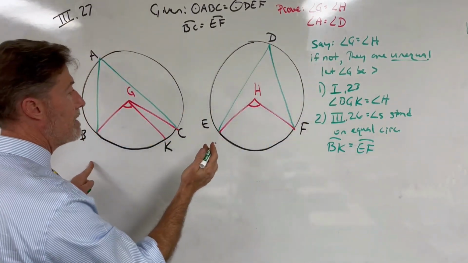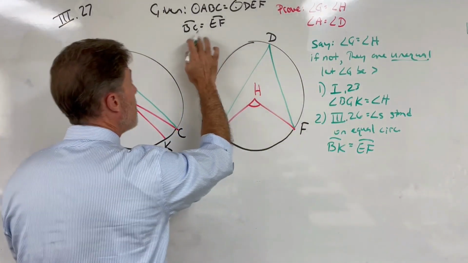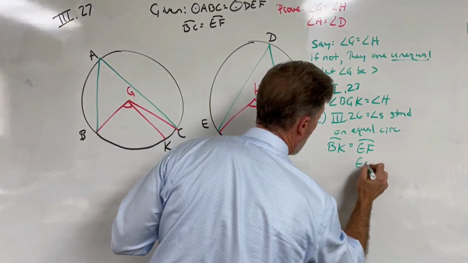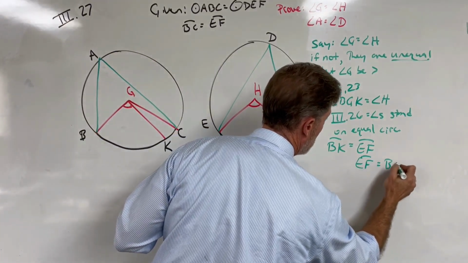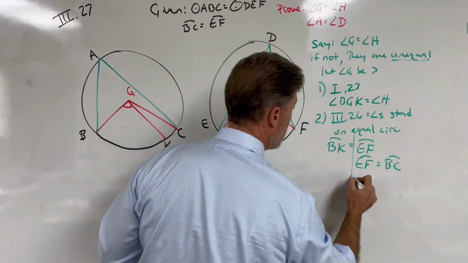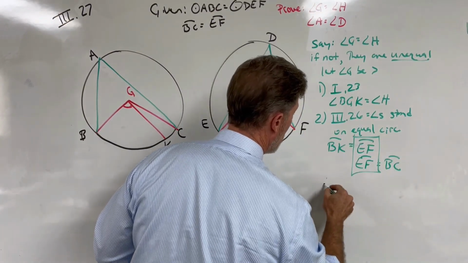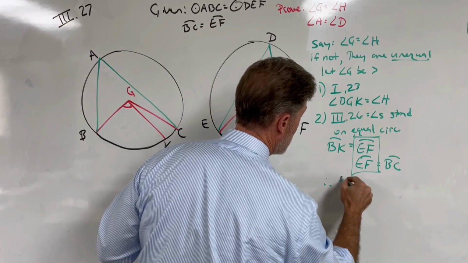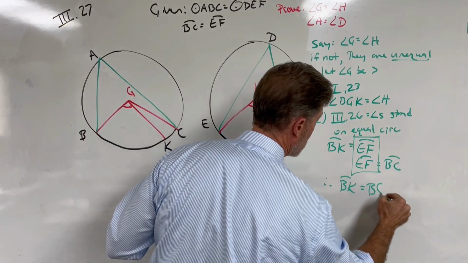Well, what's the problem with that? Well, EF, we know as a given, is already equal to BC. So two things equal to the same thing are equal to each other. Therefore, circumference BK is equal to circumference BC.